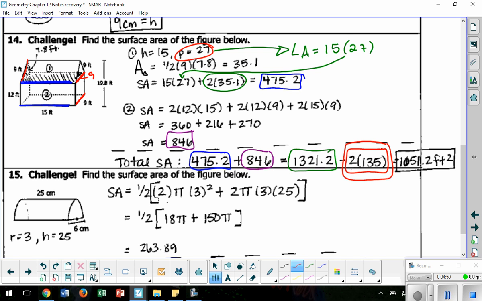But when you put the triangular prism on top of the rectangular prism, I want you to think about this. When you go to wrap this figure with wrapping paper, you are only wrapping the outside of these two figures, correct?